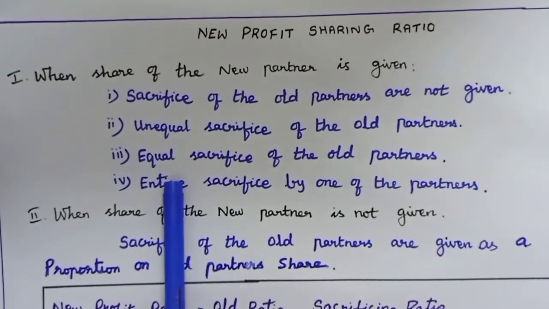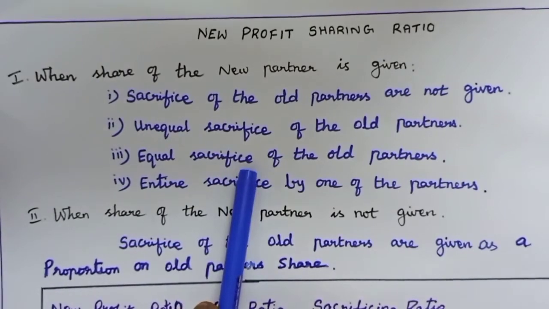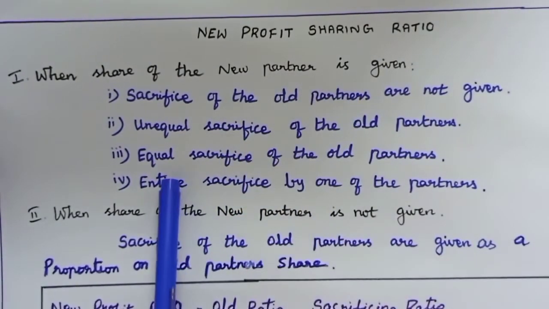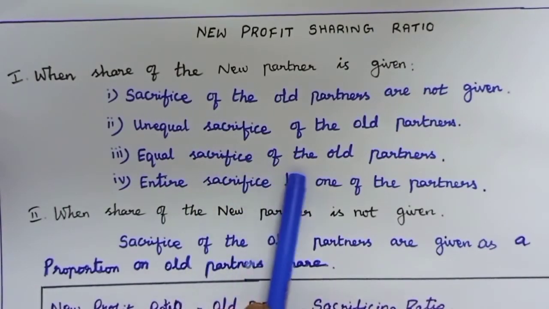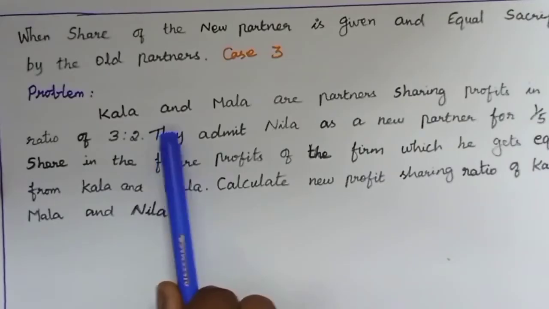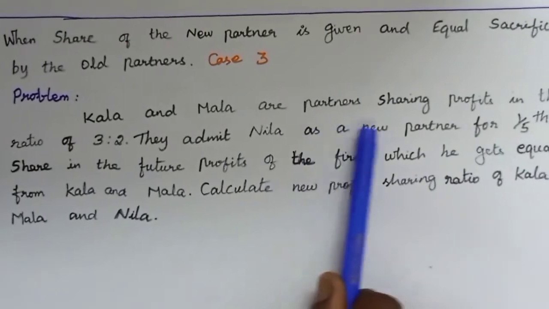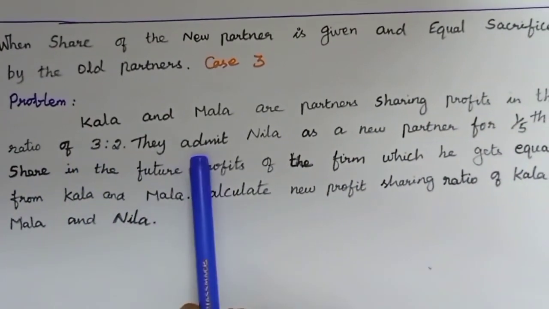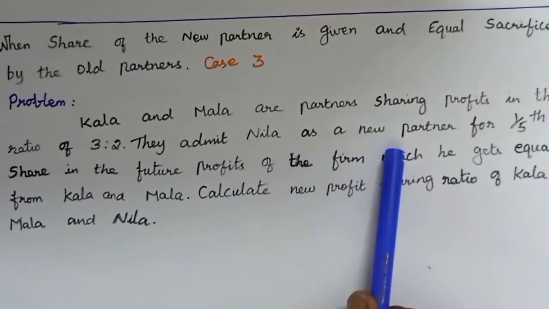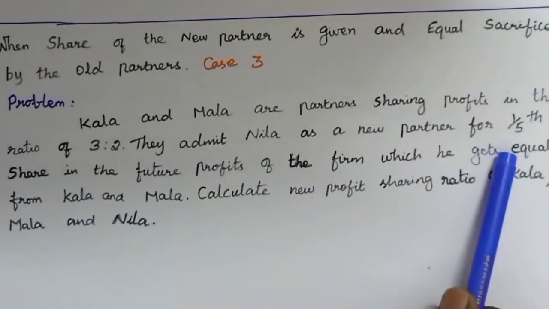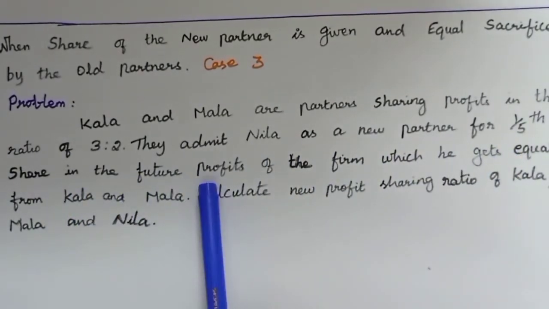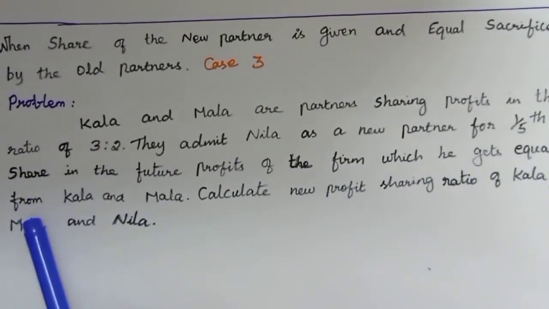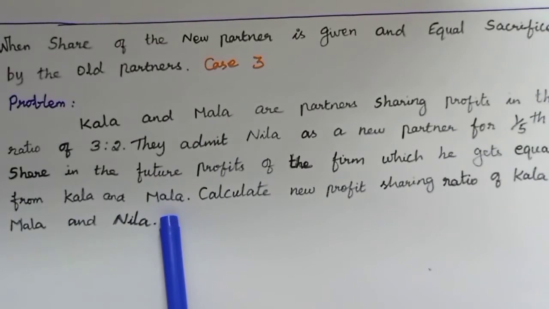We will move to the next situation, that is new partner's new share is given and equal sacrifice of the old partner is given. Kala and Mala are partners sharing profits in the ratio of 3:2. They admit Nila as a new partner for 1/5 share in the future profits of the firm, which she gets equally from Kala and Mala.